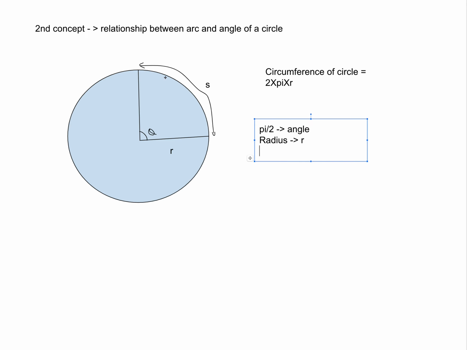It is like a slice of pizza, which is 1/4 of it. So this distance is 1/4 of the circumference. So 1/4 of 2 pi r is pi r by 2, right? So here s is equal to pi into r divided by 2.